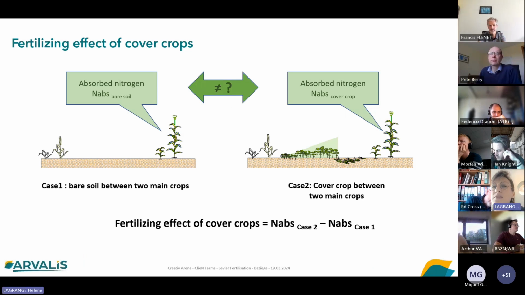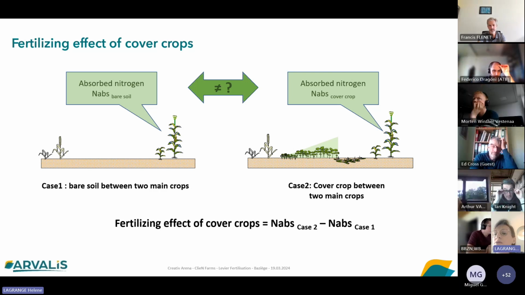I'm going to talk about cover crops, so another agronomical lever to help to not use the fertilizer. So the big question with that is what is the fertilizing effect of cover crops, and how can we estimate it to be able to use that to reduce the amount of fertilizers?